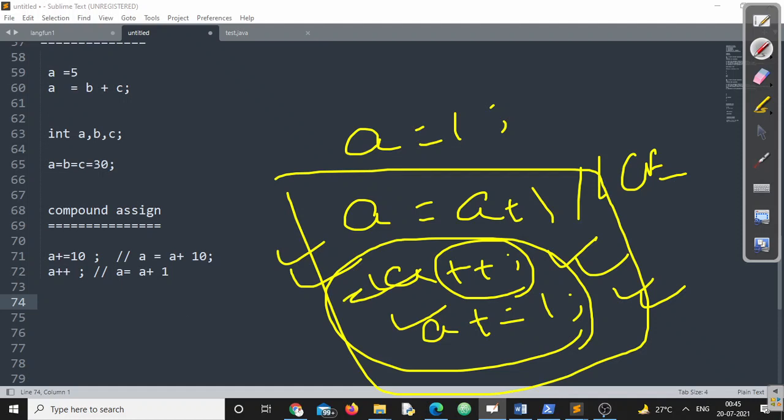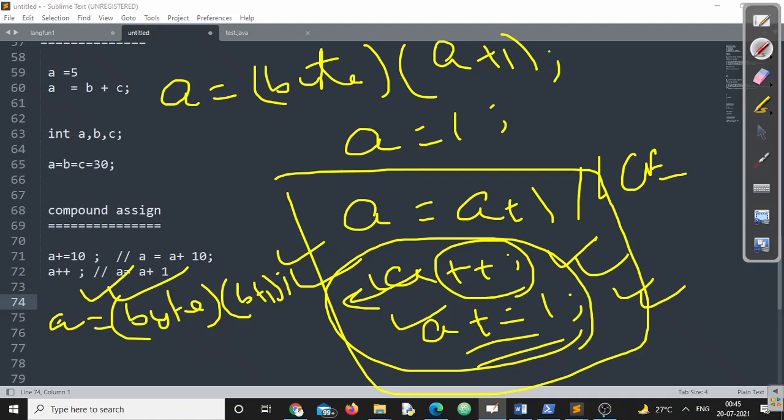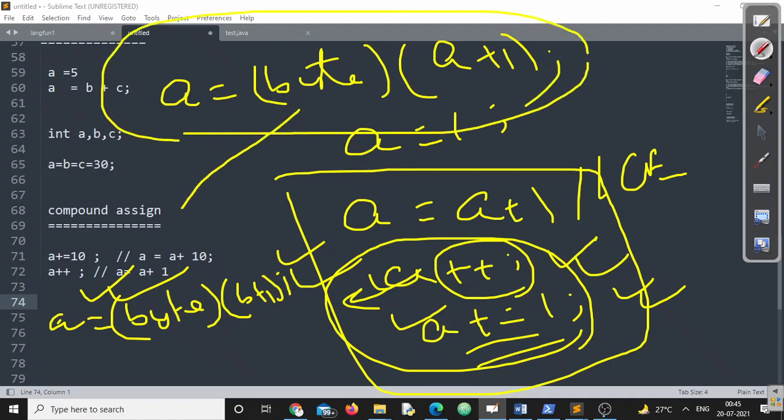Now if I rewrite the statement, it will be like a is equal to byte followed by b plus 1. This plus plus means exactly this one. Similarly, if I want to write this, that will be exactly b is equal to typecasted to byte followed by a plus 1. No problem at all. Got it? So this is the extra thing that the plus plus operator and compound assignment operator do. Remember this point.